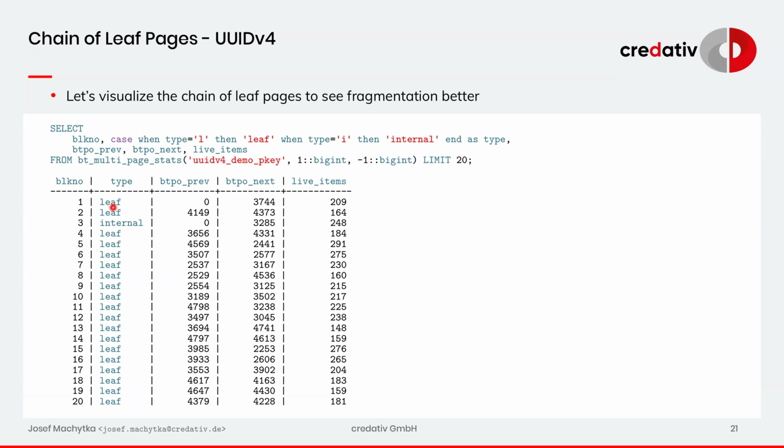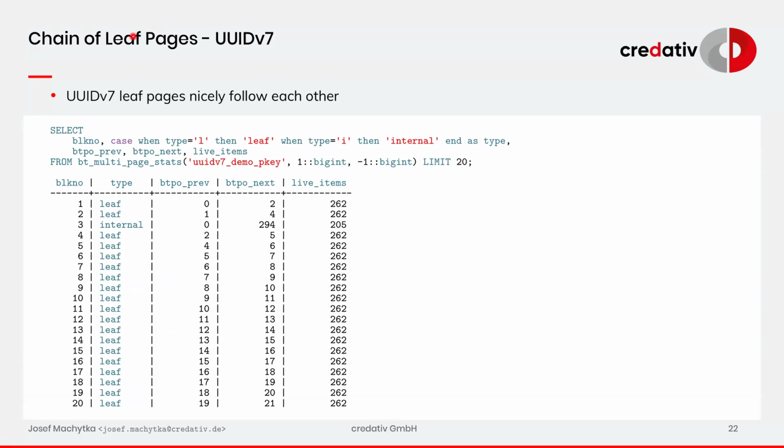In a normal sequentially generated index, all pages follow each other. And this is exactly the situation that we see in the B3 index for the primary key based on UUID version 7. Here, the first leaf page goes from the root page and addresses the second page. The second page shows that the previous page is page 1 and the next page is page 4, because the third page is this internal page with pointers.